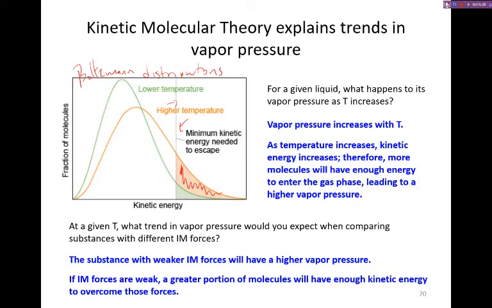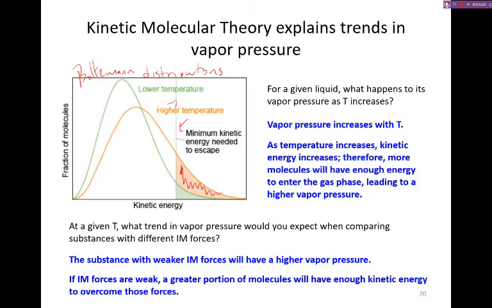It's because it's easier to break those intermolecular forces. And therefore, there's going to be a higher proportion of molecules that have enough energy to overcome the forces if they're weak. Think of it like you're playing Red Rover, and if you're playing with a bunch of old grandmas and grandpas, you're going to be able to get through them really easily, compared to if there's a strong bond in between the people.